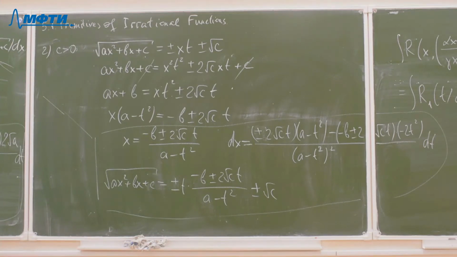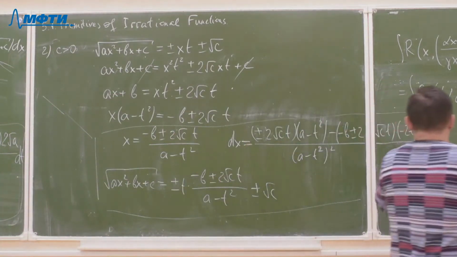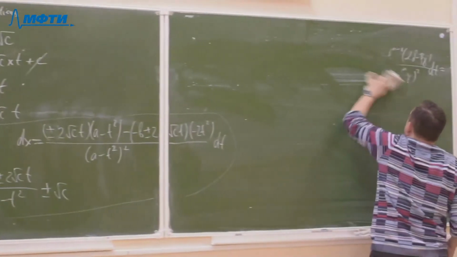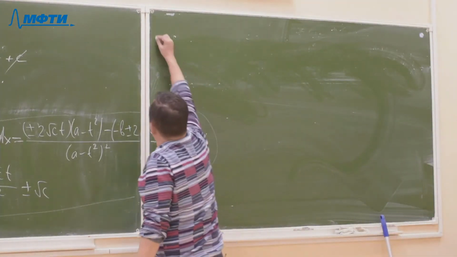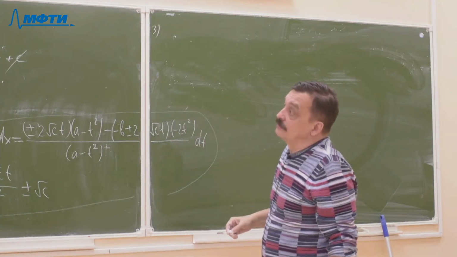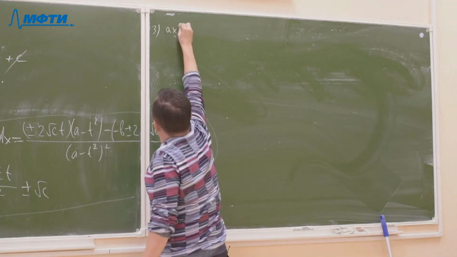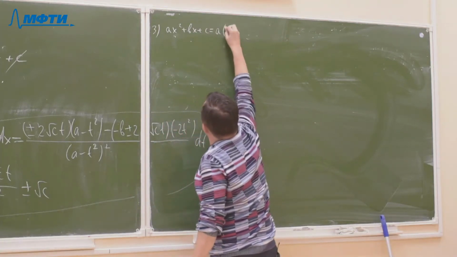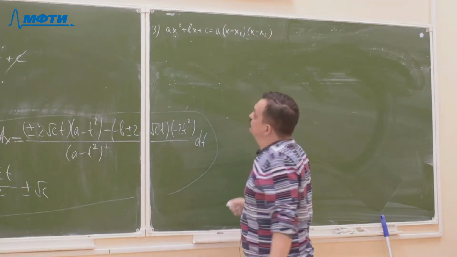Okay. And the third substitution works when the expression under the square root is a polynomial with real zeros. So if ax squared plus bx plus c has two real zeros, right?